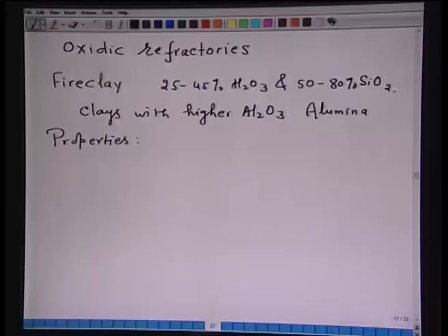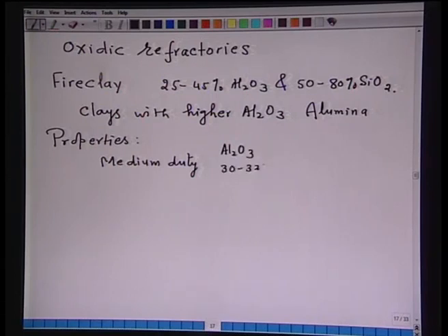At high temperatures, Fireclay refractory combined with alkalis such as soda and potash. Different type refractories, for example, we have medium duty refractory. Medium duty refractory, they have Al2O3 content varies from 30 to 32%. Their refractoriness, which is a property of the refractory, it goes up to 1655 degrees Celsius.